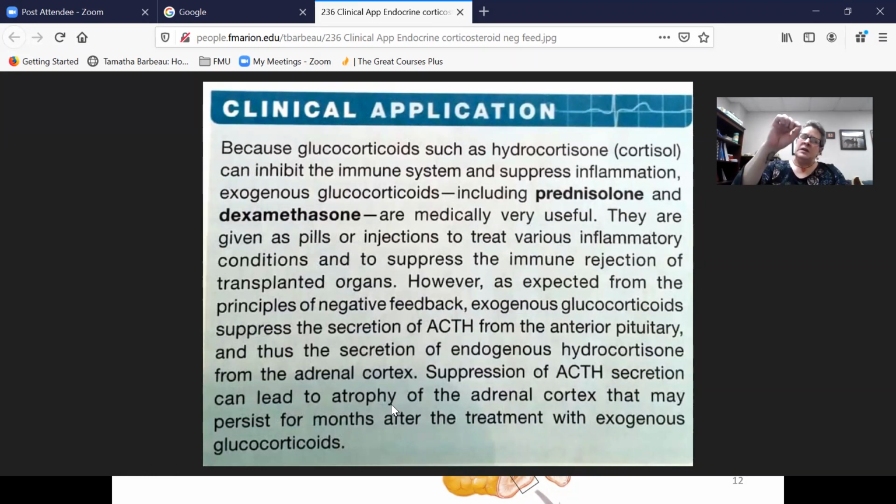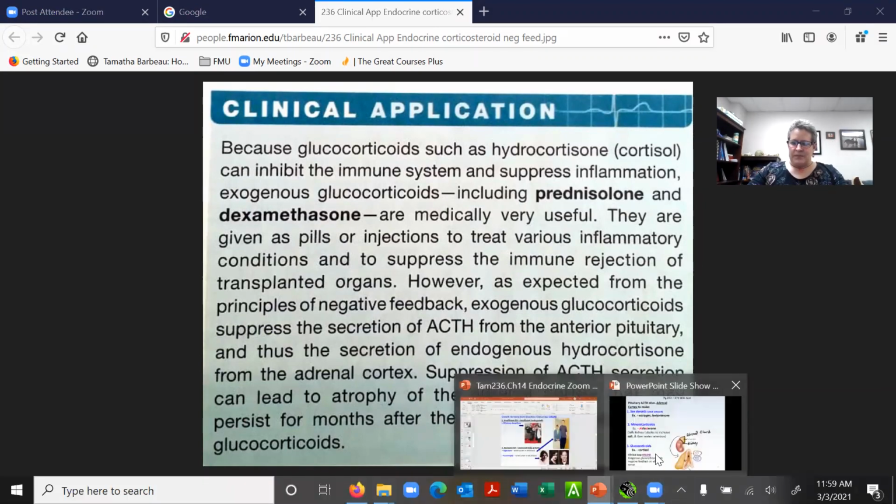And so, as you wean yourself off the prednisone, you're giving your adrenal cortex time to start producing it again, because as you take less and less of it, the hypothalamus inhibition of CRH and the pituitary inhibition of ACTH will be lessened. They will start producing those hormones again, and your adrenal cortex will come back online. Okay, negative feedback. So, back to the PowerPoint.